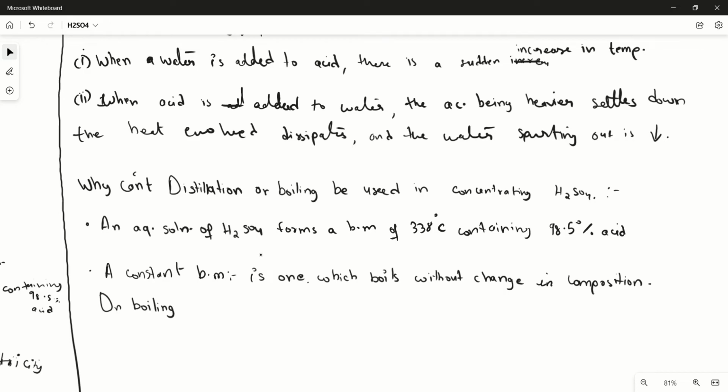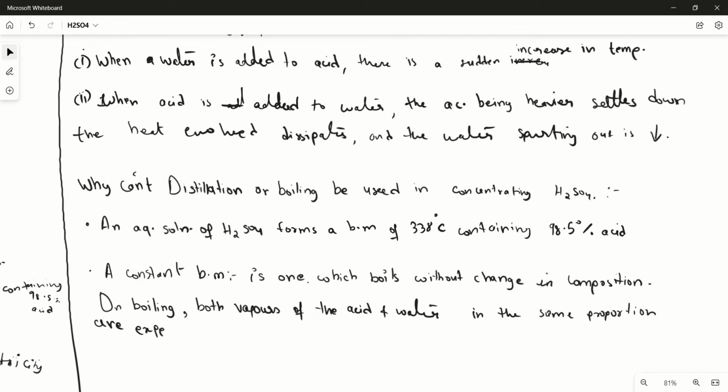On boiling, both vapors of the acid and water are expelled out in the same proportion as in the liquid mixture.